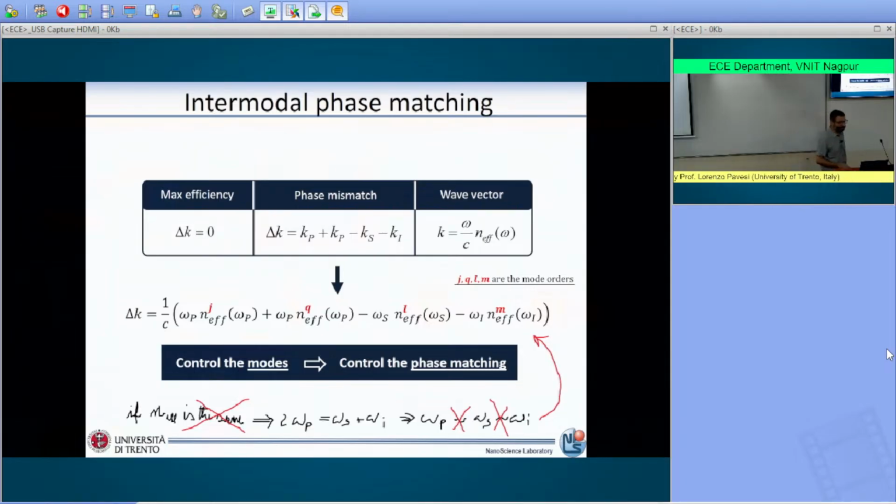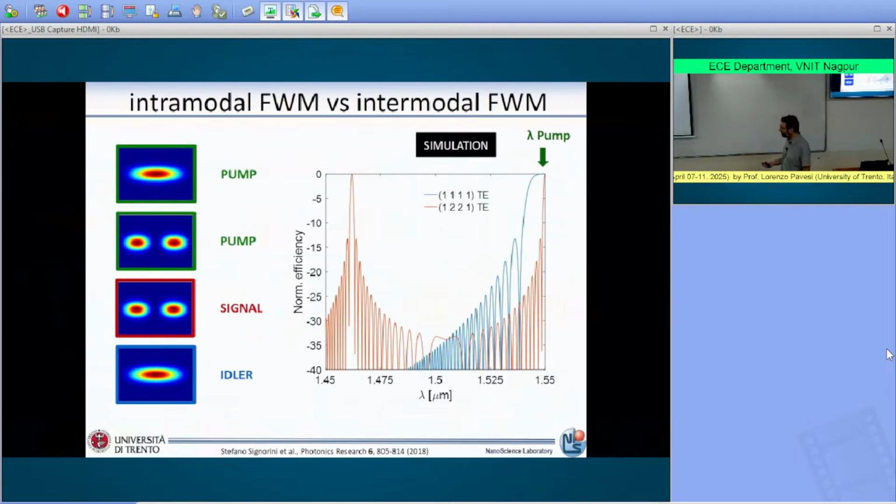Therefore, if we have different modes involved in the four-wave mixing process, the effective index is no longer the same, and the energy conservation rule is satisfied when the frequency of the generated photons is not equal to the frequency of the pump photons. And this gives you a spectrum of the generation efficiency that is drastically different with respect to the one when we are using the very same optical mode.